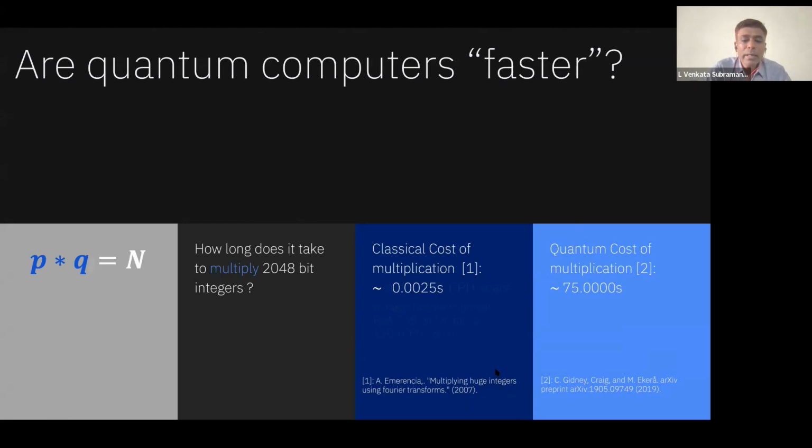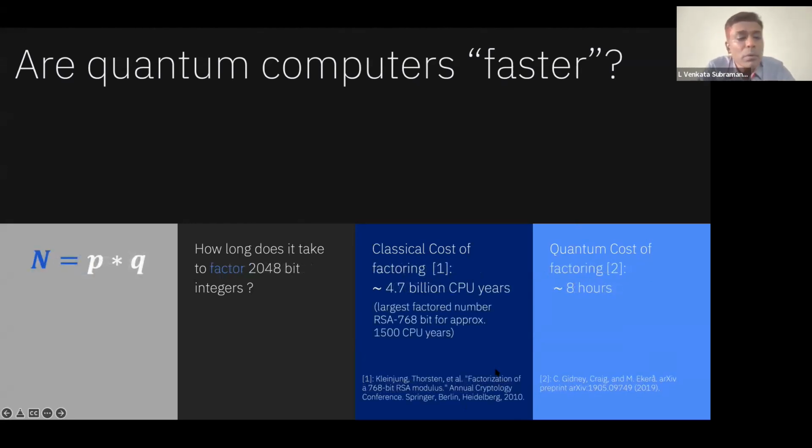Now let's look at another operation. You're given a large integer n, and you want to find its prime factors p and q. So take a large number and find its prime factors. How long does this take on a classical computer? This operation will take you billions of years. This is the basis for a lot of the cryptography that we do today.